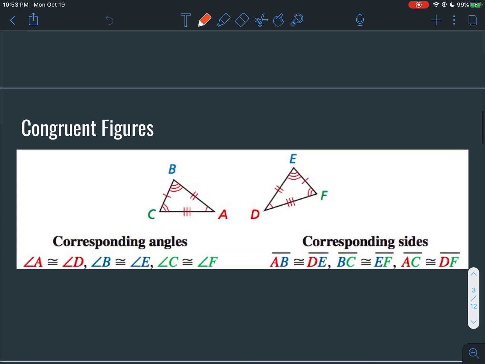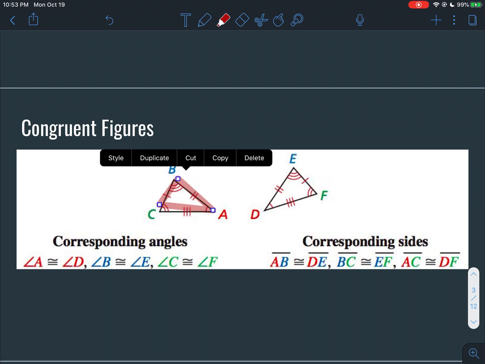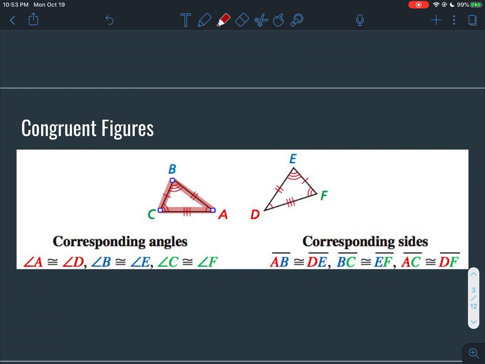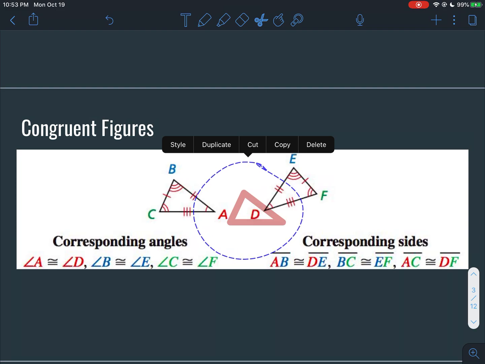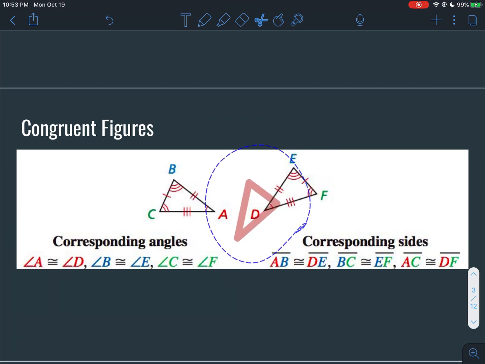So for example, we have triangle ABC. If you took triangle ABC and you could rotate it and flip it around, you would be able to see, if I can't flip on here, that's a bummer. But if you rotated it, flipped it around, you can make it lie perfectly on top of triangle DEF.